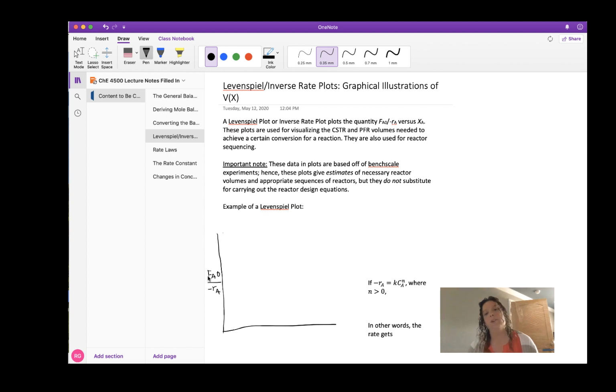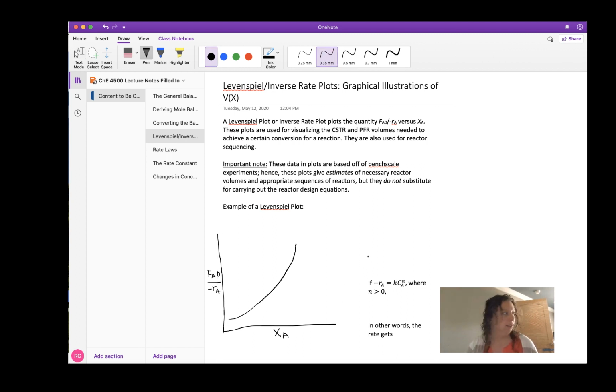So that's the inlet flow rate of A divided by the rate of consumption of A, where A is a reactant. And I plot that against the conversion. A lot of times the plot looks something like this. It increases as the conversion increases.